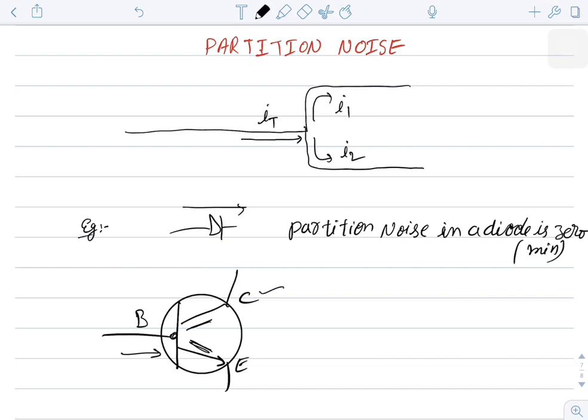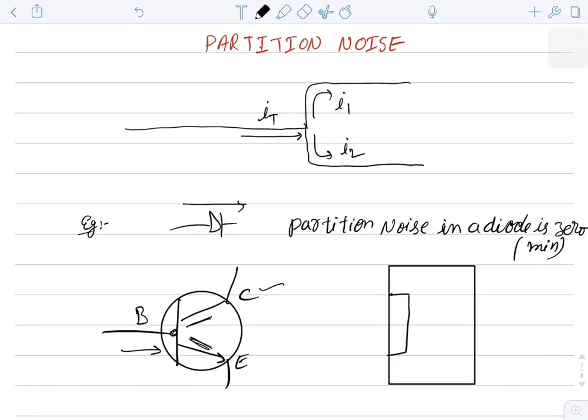That means partition of current takes place. Hence this noise is called partition noise. If you compare bipolar junction transistor with a diode, a bipolar junction transistor will have more partition noise when compared to diode. Similarly, if you take a field effect transistor, the construction of field effect transistor is like this, right?